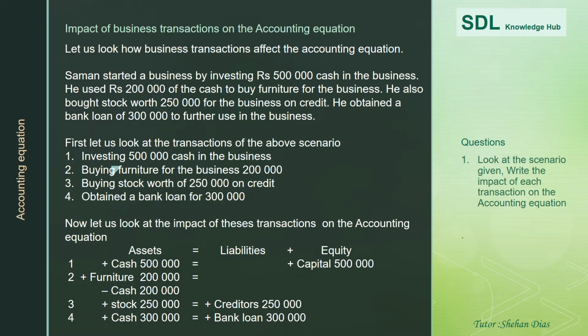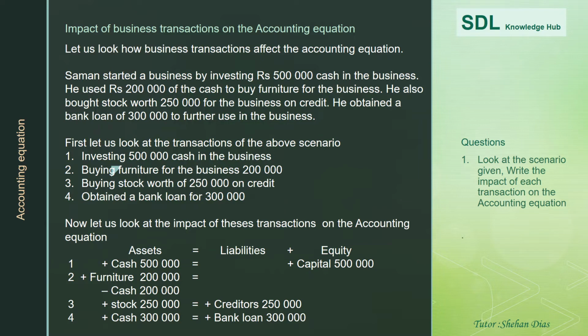If you look at the first transaction, investing 500,000 cash in the business, cash, an asset, will increase by 500,000. Then, since the investment is done by the owner, under equity, capital will increase by 500,000.